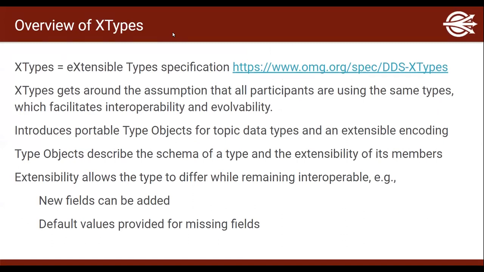So to really start talking about dynamic data, we need to start at XTypes. XTypes stands for extensible types, and the specification is given there in the link. XTypes gets around the assumption that all participants are using the same types. The point in doing so is that it allows us to be more interoperable and evolvable.